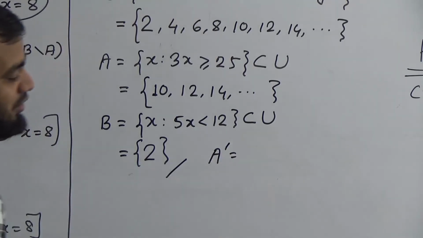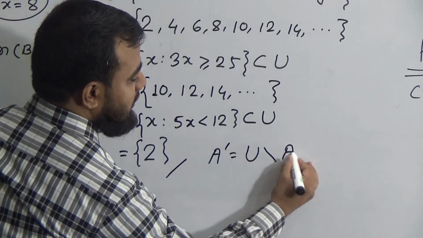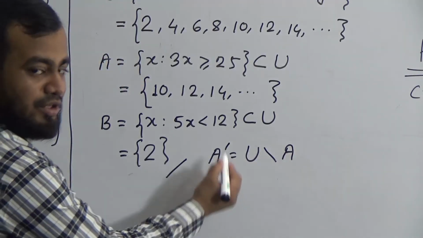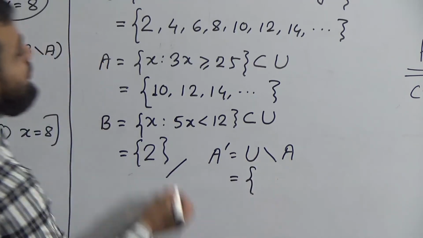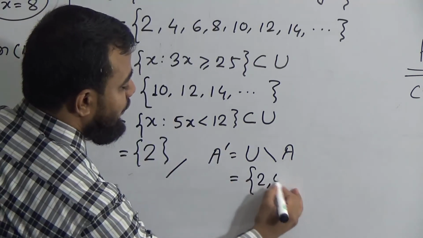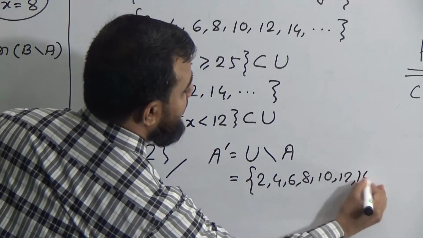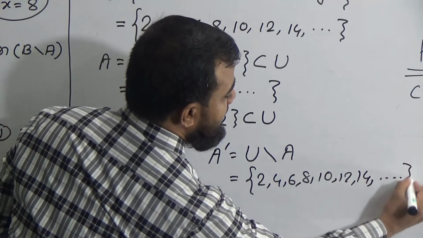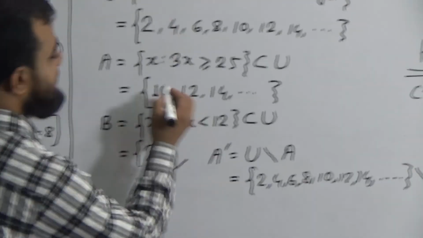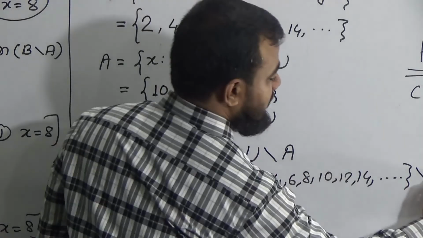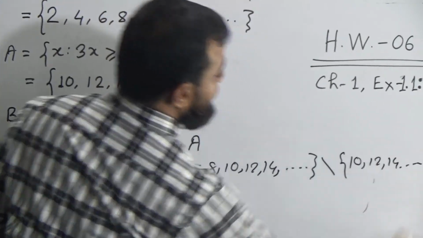A prime equal to U delete A. A prime means U delete A, or A complement means U delete A. The set U equal to 2, 4, 6, 8, 10, 12, 14 and so on, all the even numbers. Delete A. The set A starts from 10: 10, 12, 14 and so on.